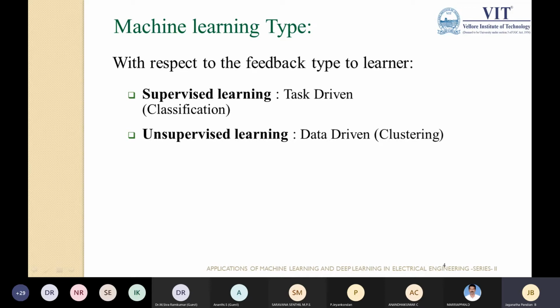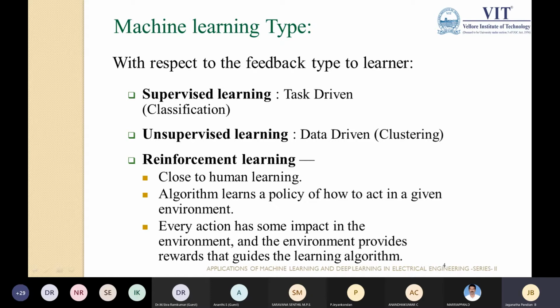Now, this reinforcement learning, what we are going to discuss today, it forms somewhere in between this. Most of us used to say it's somewhere between the supervised and unsupervised. But of course, it's a separate class. This is more related to how we are learning. Maybe you can say how we are training our pets, your pet dog or your pet cat.